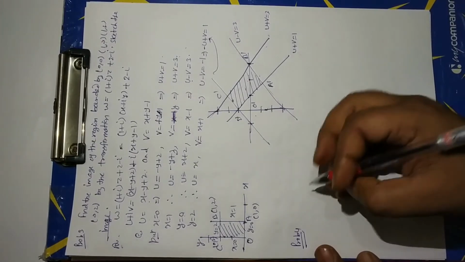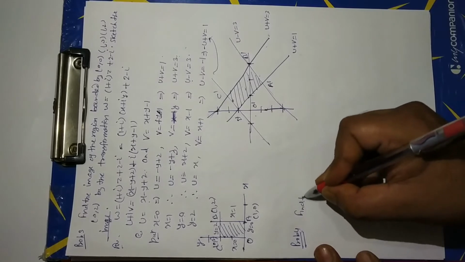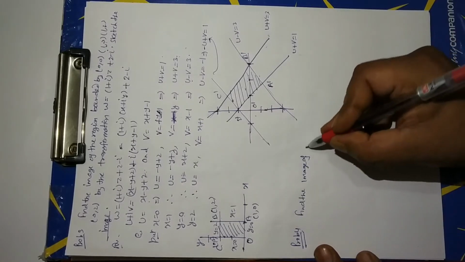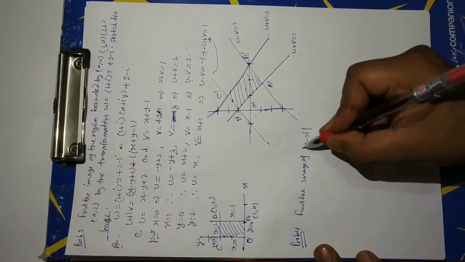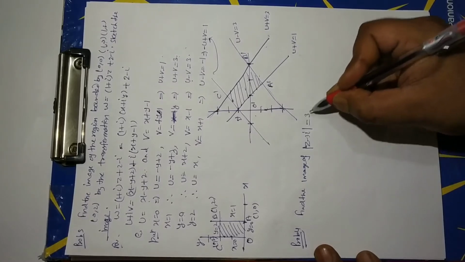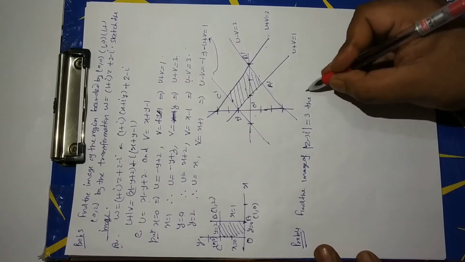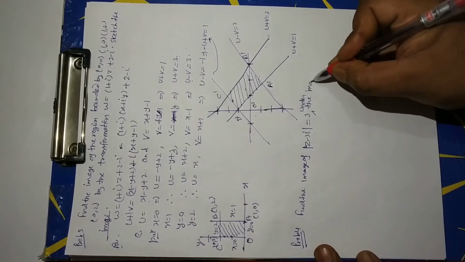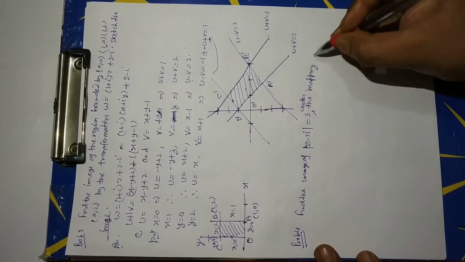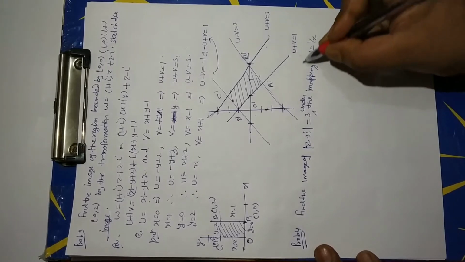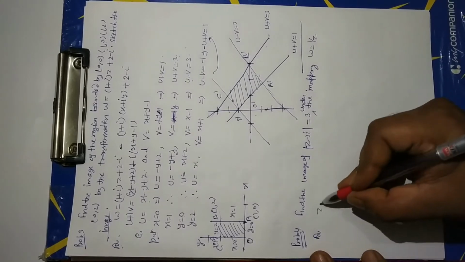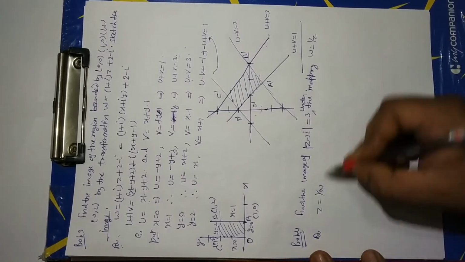Now next, problem number 4. Find the image of |z - 3i| = 3 under the mapping w is equal to 1/z. Now z is equal to 1/w. This is the solution.